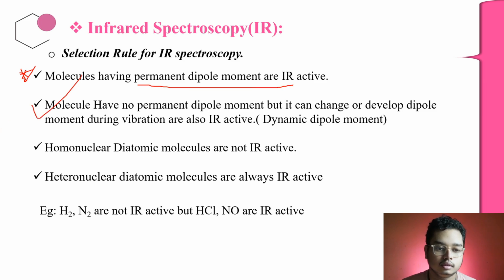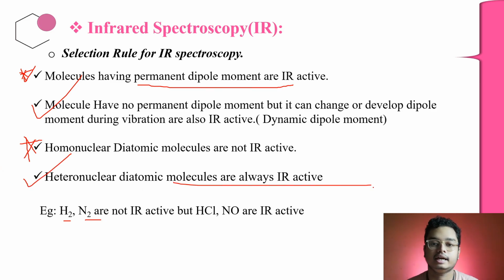Very importantly, homonuclear diatomic molecules, that means H2, N2, are never IR active. Heteronuclear diatomic molecules are always IR active, because they always have a permanent dipole. For example, H2 and N2 are not IR active, but HCl and NO, these heteronuclear diatomics, are IR active.